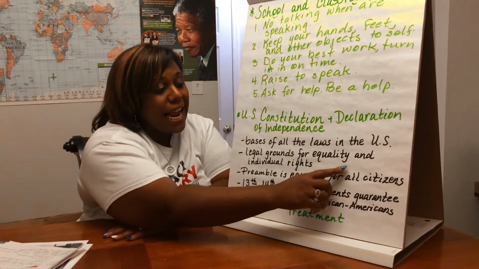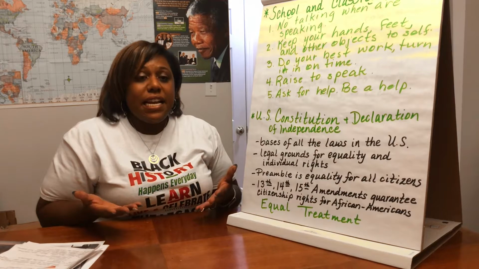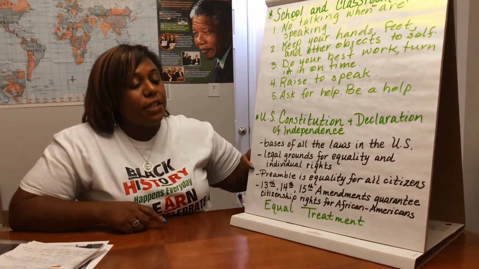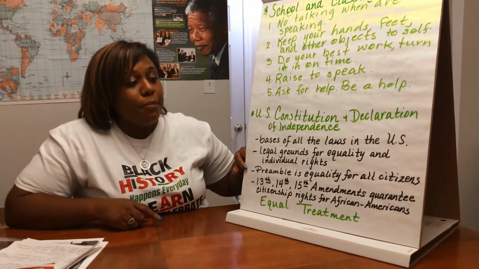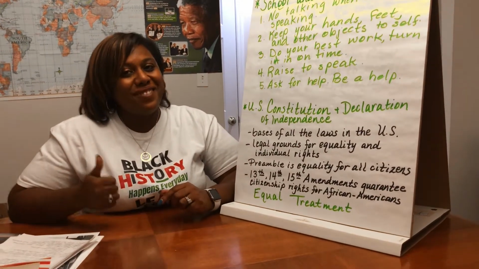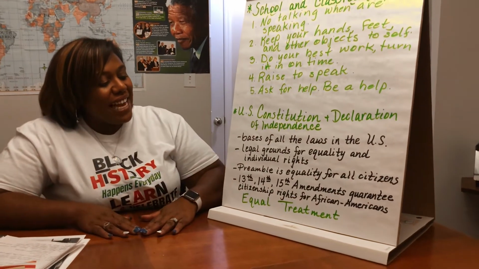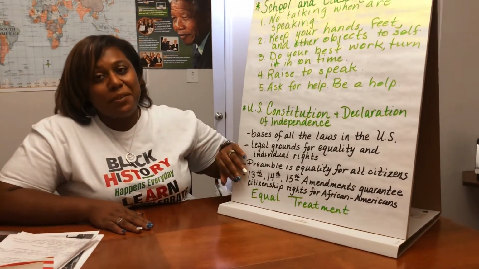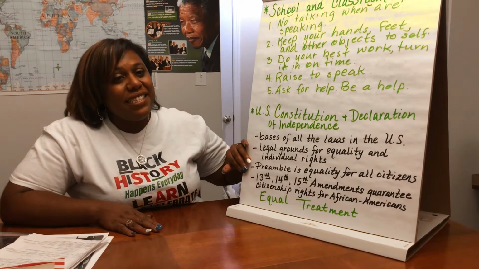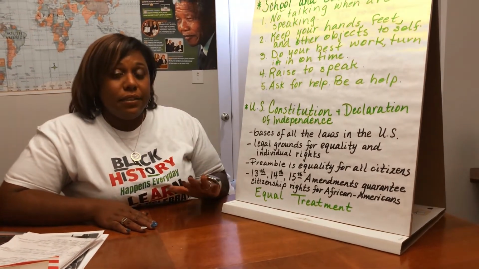So equality and for our rights. The beginning of the Constitution is the preamble, and the preamble is kind of like the introductory paragraph. You probably have already learned about that in your lessons in school. It's the introductory paragraph that lays down that equality is for all citizens.